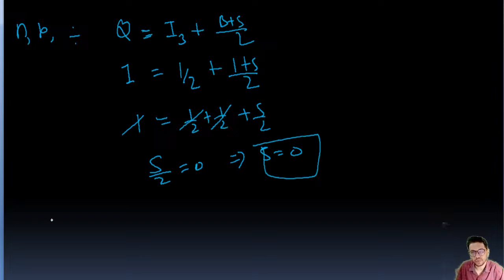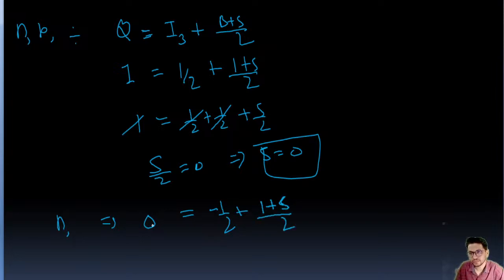Similarly, we'll find it for the neutron. For the neutron, the charge Q is 0, equal to I3, which is minus 1 by 2 for the neutron, plus B, it's a baryon, so 1, plus S by 2.